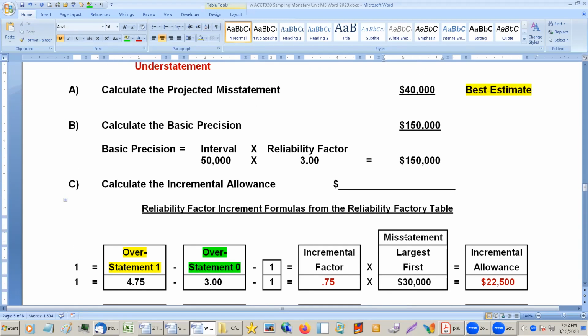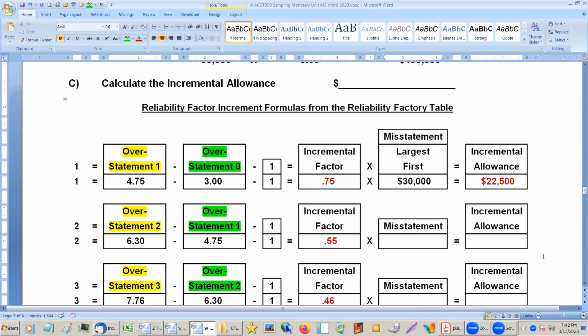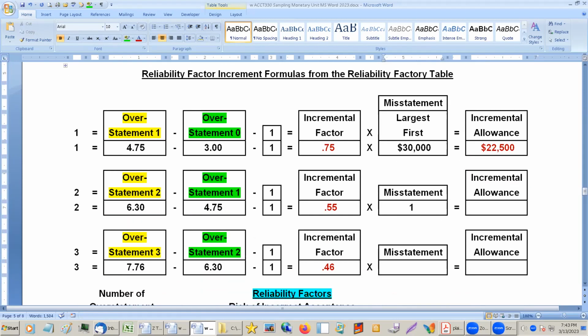The second misstatement, the second largest, is 10,000. And 55 is 5,500.